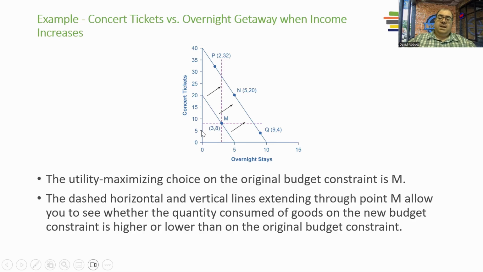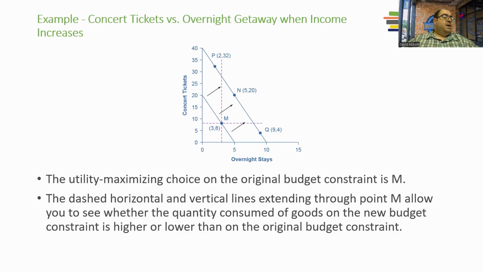Between 5 and 10 concert tickets, and between 0 and 5 overnight stays, she realizes that she can have 8 concerts and 3 overnight getaways as her utility-maximizing choice. That would maximize her satisfaction.